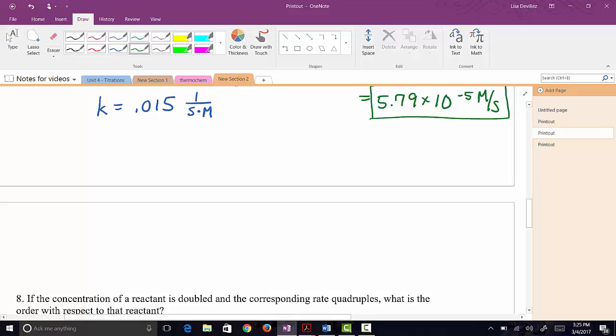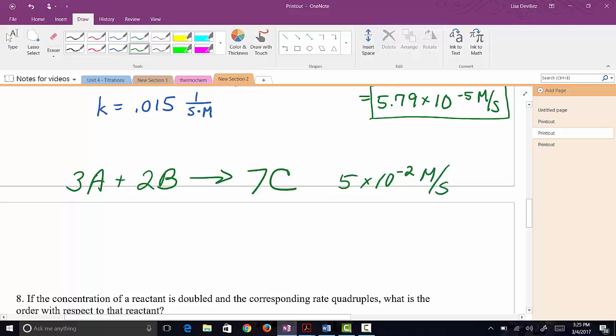It just gives you a rate for the reaction. So say I have 3A plus 2B yields 7C, okay? And it says the rate is 5 times 10 to the minus 2 molarity per second. It just says that's the rate.